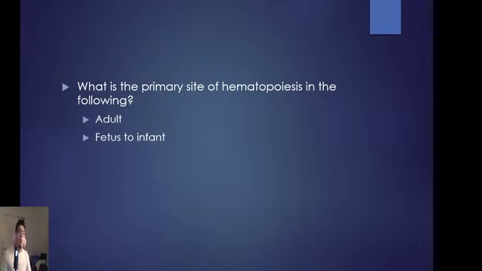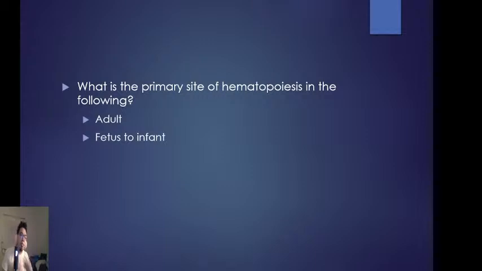From fetus to infant, it's going to start with the yolk sac. As the body develops, it morphs from a single-celled sperm and egg cell. It gets implanted into the uterine wall, and then it matures.